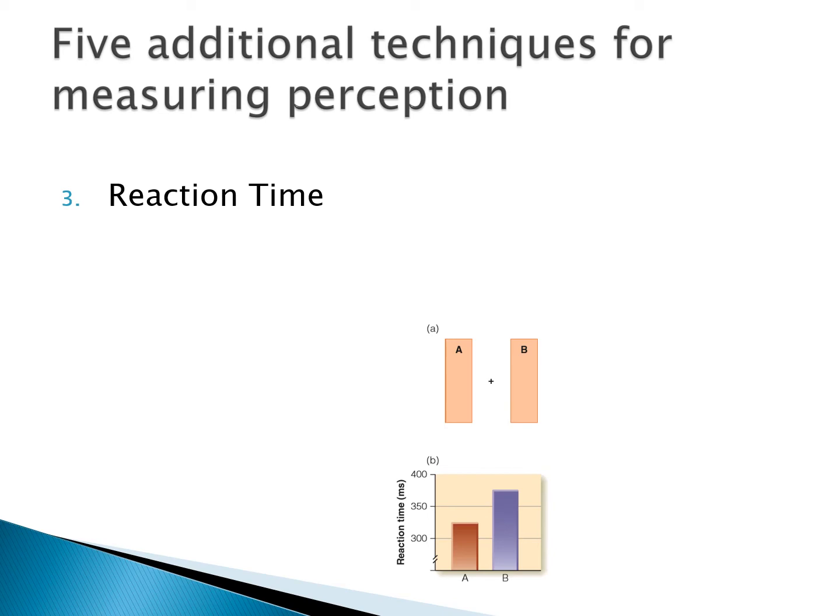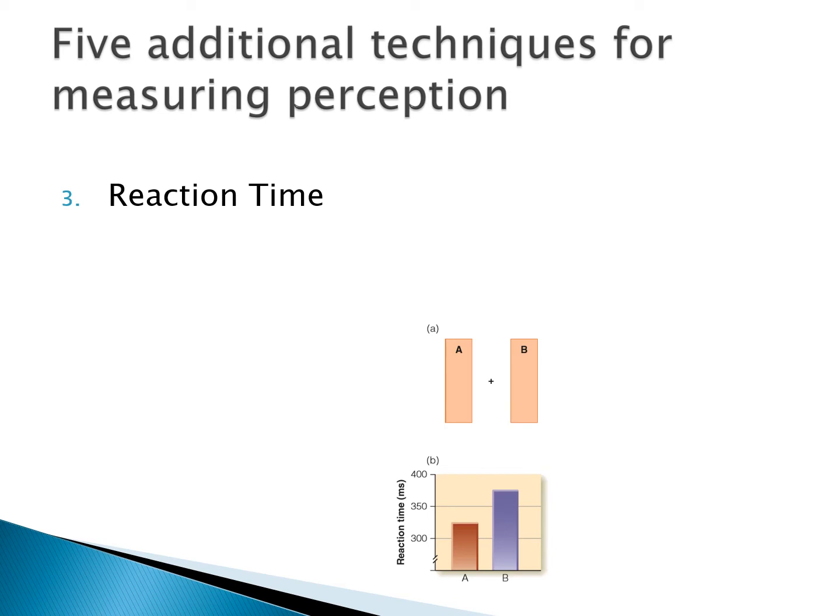So that fixation cross that's in the center, you're putting your eyes on that, and you're going to tell me when a particular target comes on the screen. And they sometimes have a kind of dark bar that for the most part is when that dark bar comes up, let's say at the top of A, the target is going to come up at the top of A.